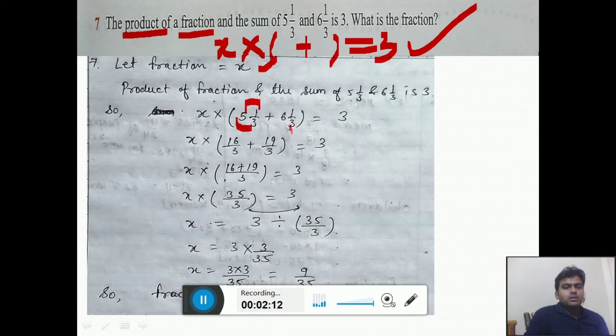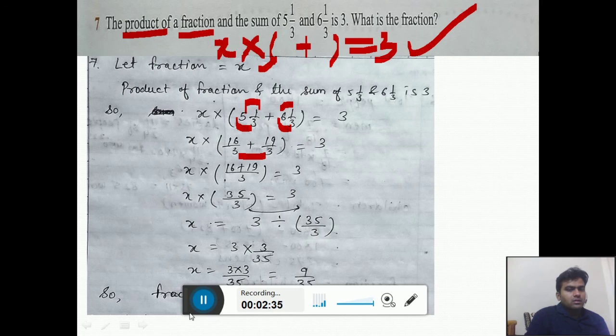Now 3 into 6 is 18, 18 plus 1 is 19. So the fractions 16 upon 3 and 19 upon 3 both have the common denominator 3, so we can add their numerators directly. 16 plus 19 equals 35.